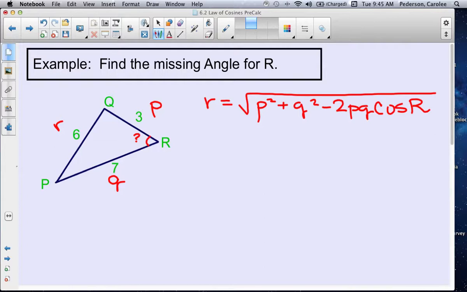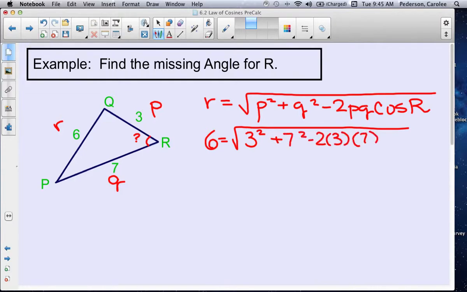So side r is 6, side p is 3, side q is 7, p and q again, and then cosine of R. What might we want to do first to solve this equation?